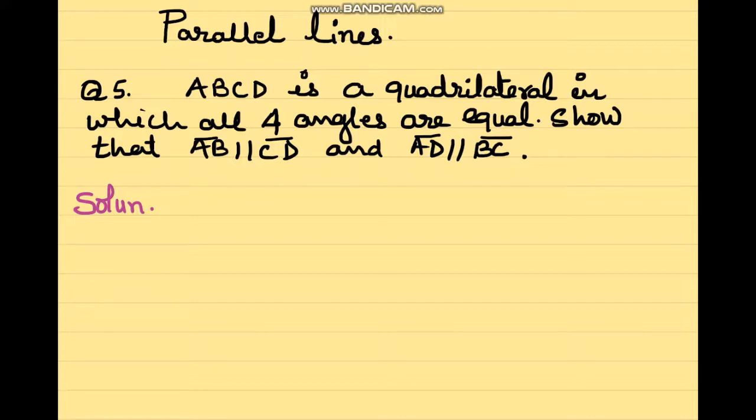Now first of all, try to understand what is given. ABCD is one quadrilateral. All four angles of ABCD are equal. First try to understand what is the value of each angle. Since ABCD is a quadrilateral, the sum of all four angles in a quadrilateral is equal to 360 degrees.